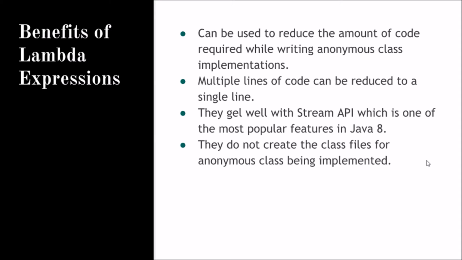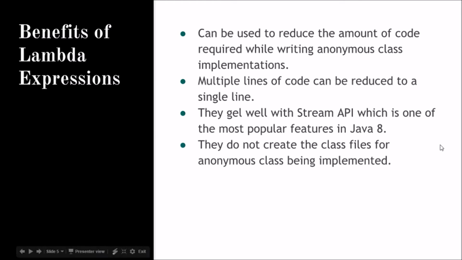Usually when you create an anonymous class implementation in your class, if you go and see the places where the class files are generated, you would see that it also generates equivalents of anonymous classes, and those classes have a dollar sign in them.